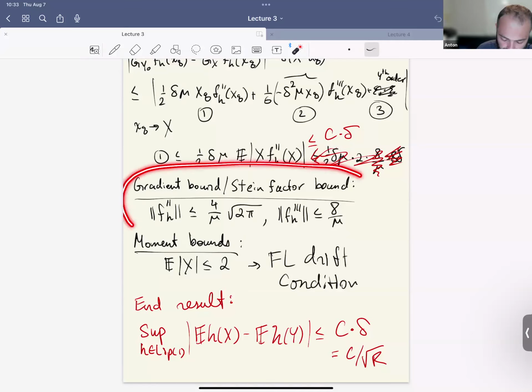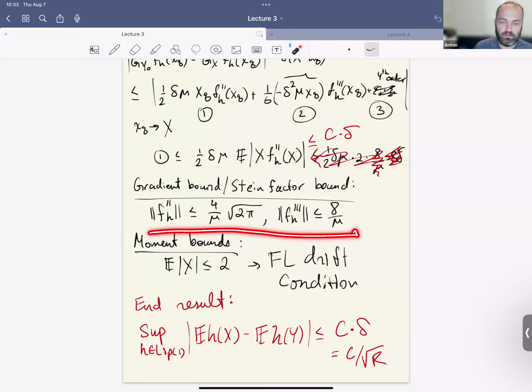And today we're going to be talking about these Stein factor bounds or the gradient bounds. This is really where all the know-how is needed to apply the approach. In other words, prior to this step, we really didn't go very deep into any technique, but now we have to.